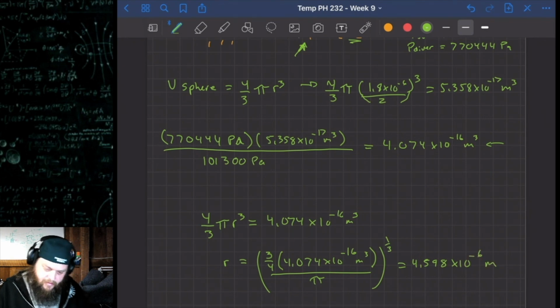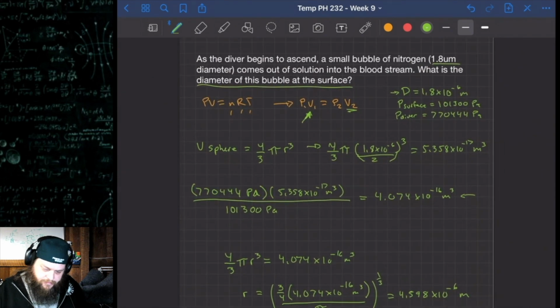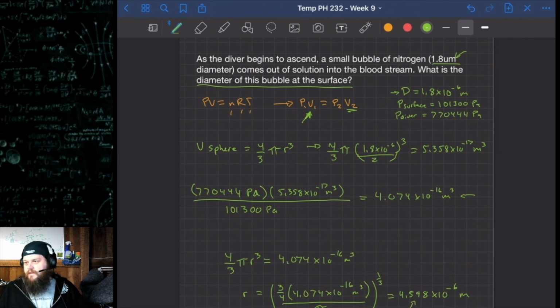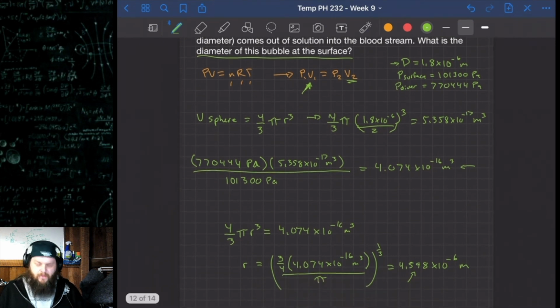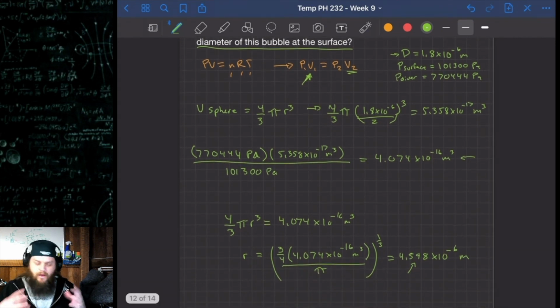That's in meters. So notice it went from 1.8 micrometers to 4.6 micrometers. So it's gotten quite a bit bigger, but still not really big enough to cause any trouble.